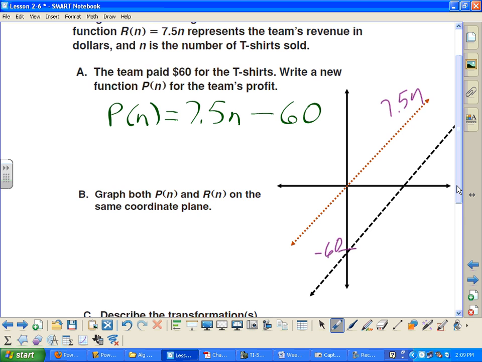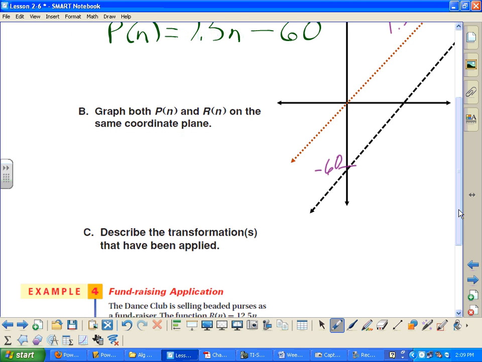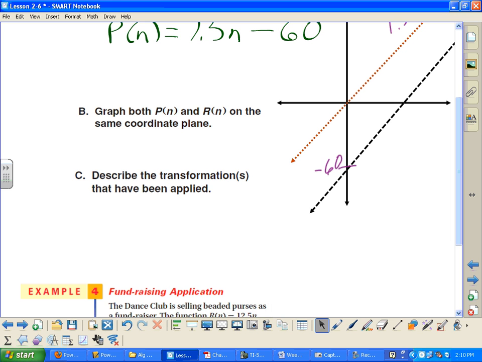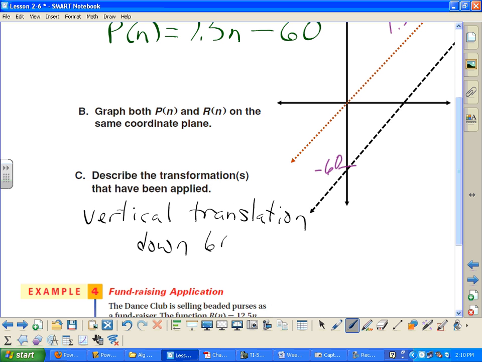So this is a vertical translation down 60. Okay? All right.